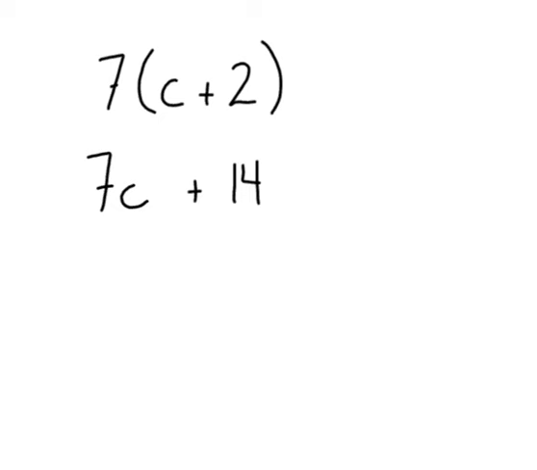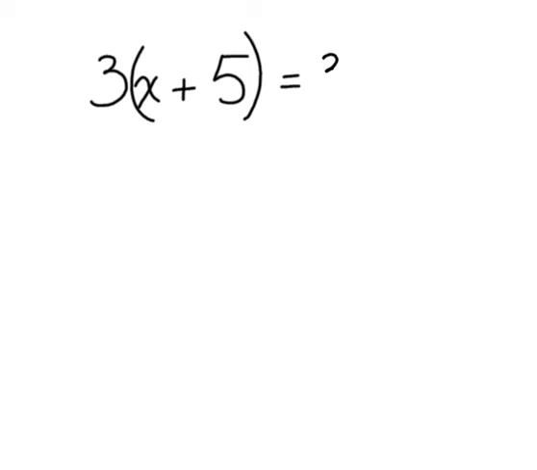Now, eventually you might get into some equations that involve the distributive property, so let's solve a couple of those together so we have an idea of what to do. Let's go 3(x + 5) equals 36.